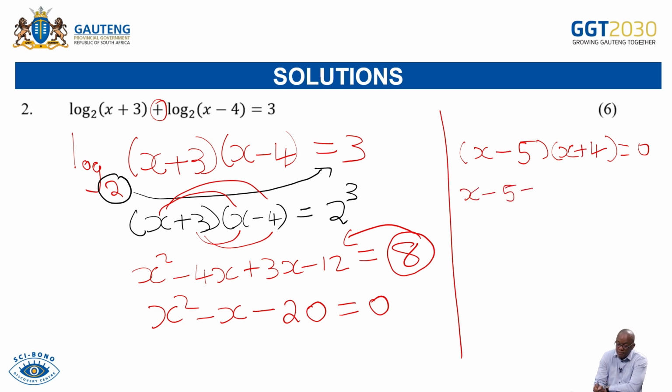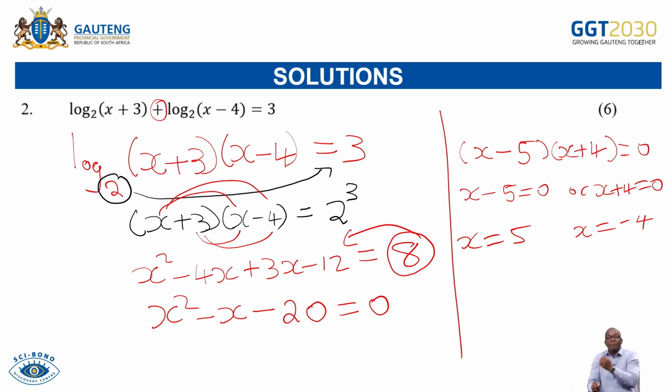Zero factor rule. x is equal to 5, negative 4.